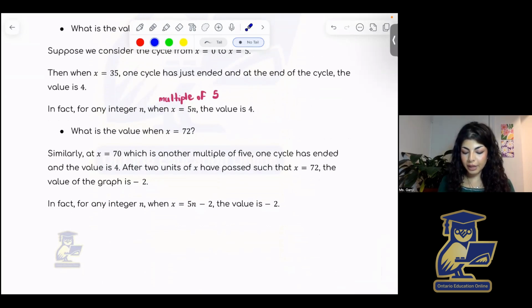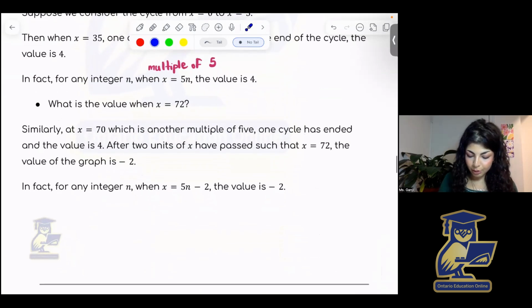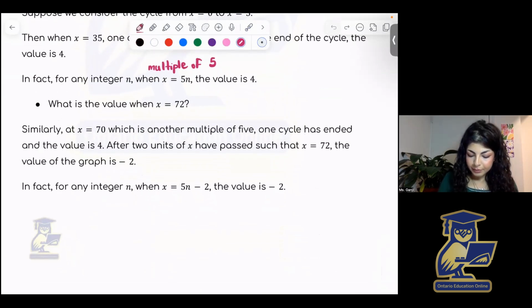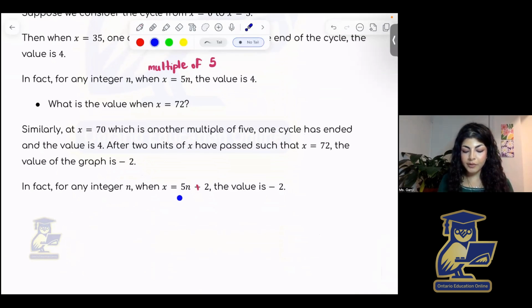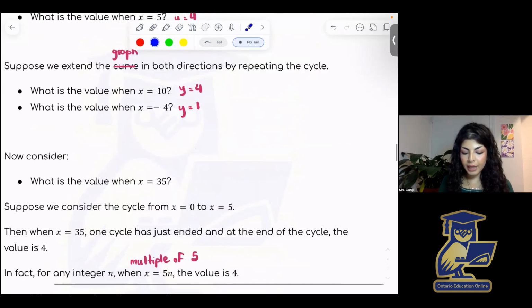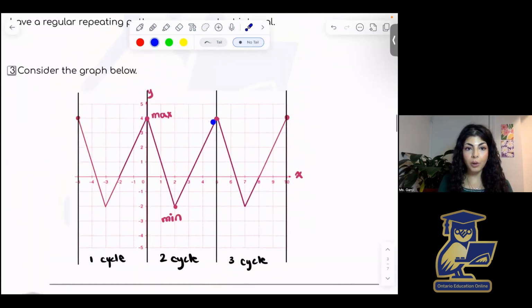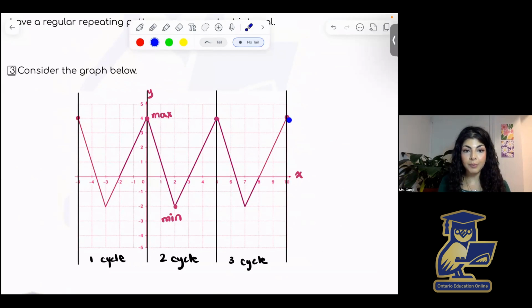And just to generalize it as well, any multiple of, oh, this should be +2, sorry. Any multiple of 5, and then if you move 2 forward, the value is going to be -2. So think of all the multiples of 5 as, as we just said, these peaks.